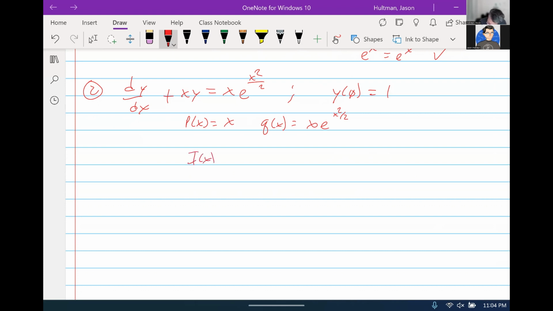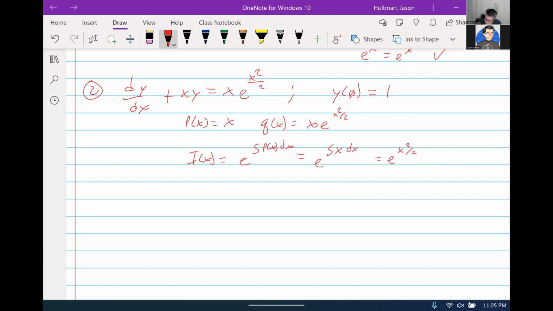I of x is equal to e to the integral of p of x dx, which is equal to the integral of x dx. Okay, well, the integral of x without the constant, just let the constant be 0, is x squared over 2. So this is e to the x squared over 2.